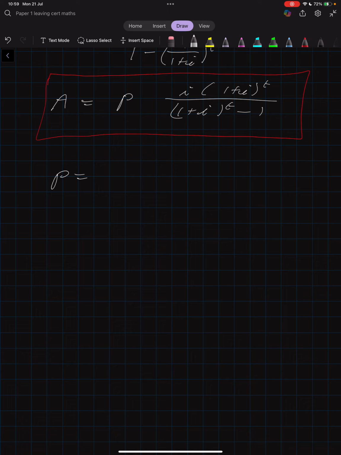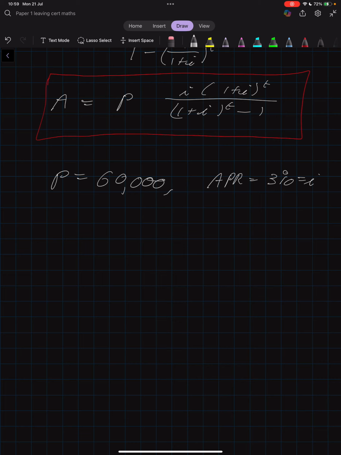So P is equal to 60,000. You have an APR of 3%. Remember, that's your interest. It asks how much should the annual repayments be. If they said monthly, then you'd have to change the interest into months.